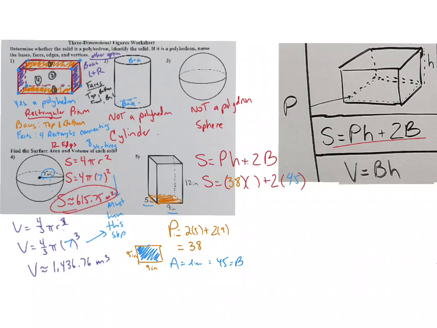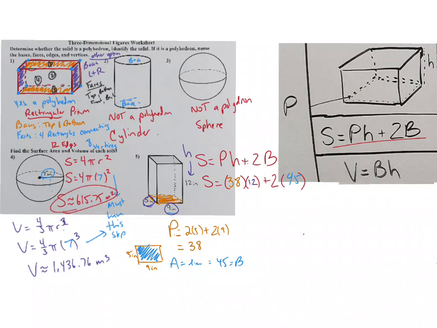Now, for my perimeter I used 5 and 9. Since I didn't use that 12, that's got to be the height of my solid. That's probably the easiest way to figure it out. So that's all the work you need: surface area equals 38 times 12 plus 2 times 45.